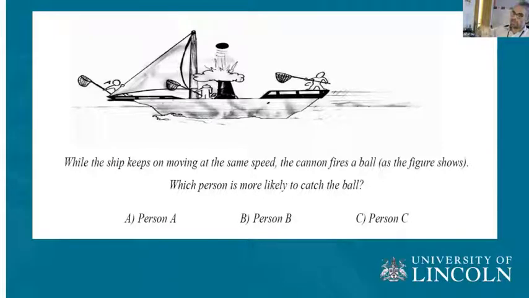So for them, as the ship continues moving, the ball is going to land behind the cannon, and of course they've used many different analogies which, as I said, led them to an incorrect prediction. So the thinking is of a directly straight down motion rather than a parabolic one.